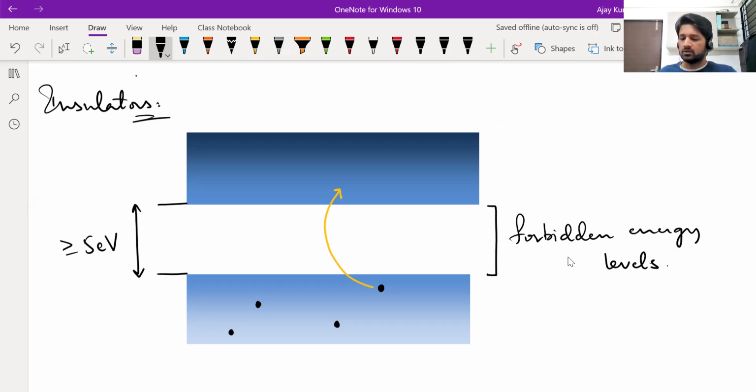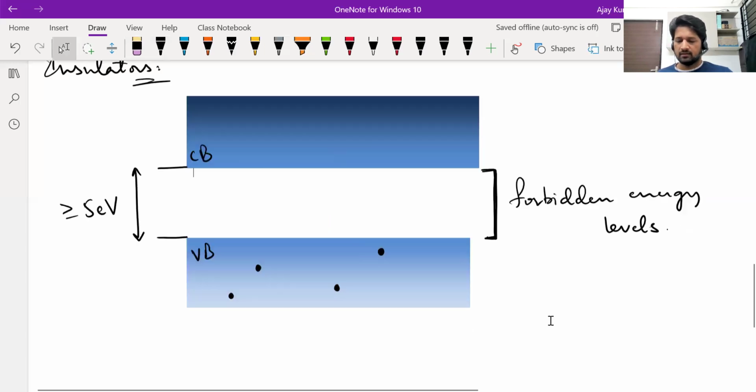There can be no electrons which have energies in this range between the maximum of the valence band and the least of the conduction band. Those energy levels are banned. Not possible. So that is called forbidden energy levels or the forbidden energy gap. So in insulators, electrons won't have enough energy to jump into the conduction band. What you see on the lower side is the valence band, upper side is the conduction band.